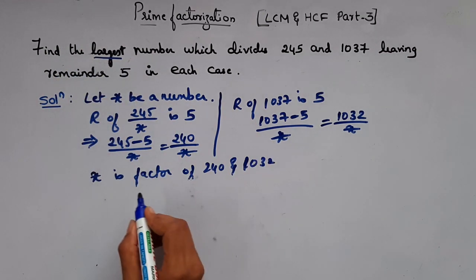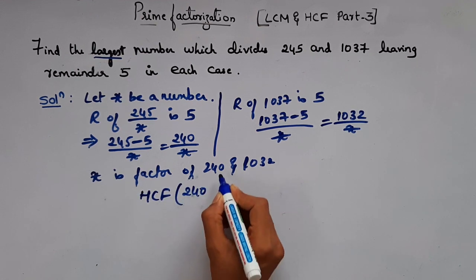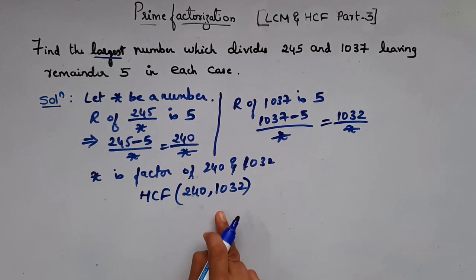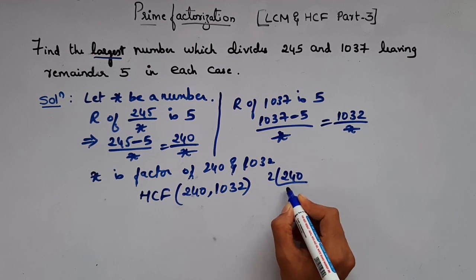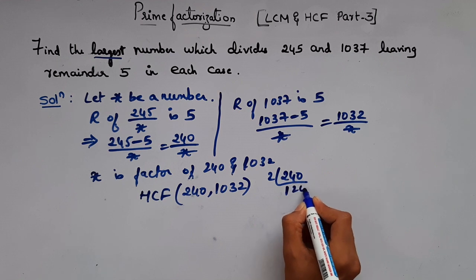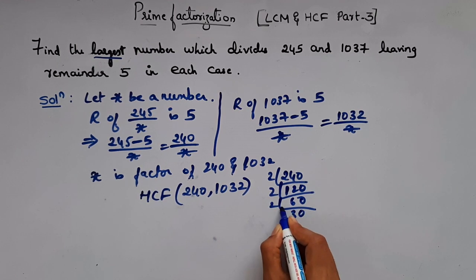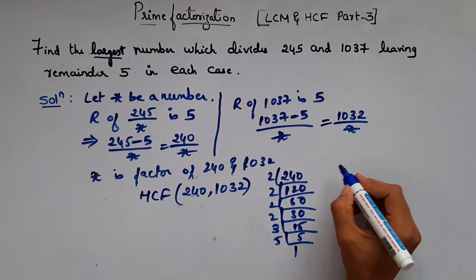Find the largest number. So the largest number is given by the HCF of these two numbers, that is 240 and 1032. You can go for Euclid's division lemma or by prime factorization, that is finding prime factors. For 240: 2 1s are 2, 2 2s are 4, 2 6s are 12, 2 3s are 6, 2 15s are 30, then 3 5s are 15 and 5 1s are 5.